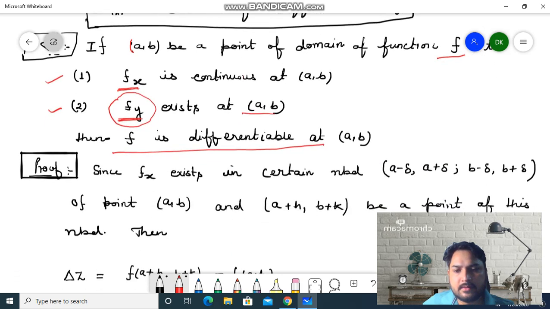Since fx is continuous at the point (a, b), it will exist in a certain neighborhood of point (a, b).